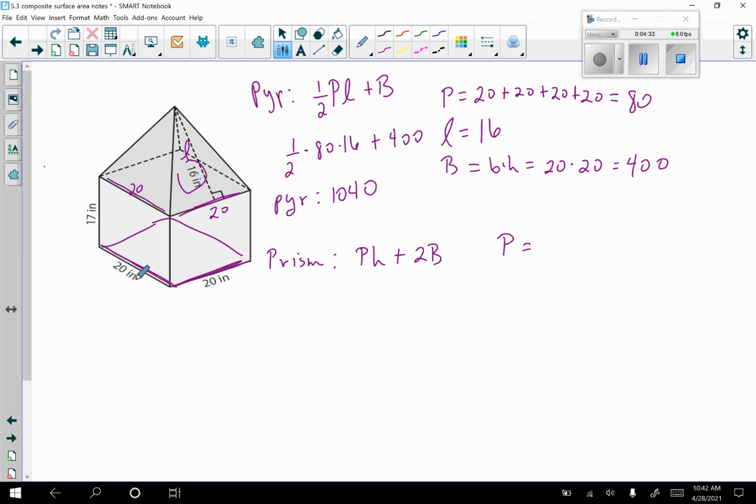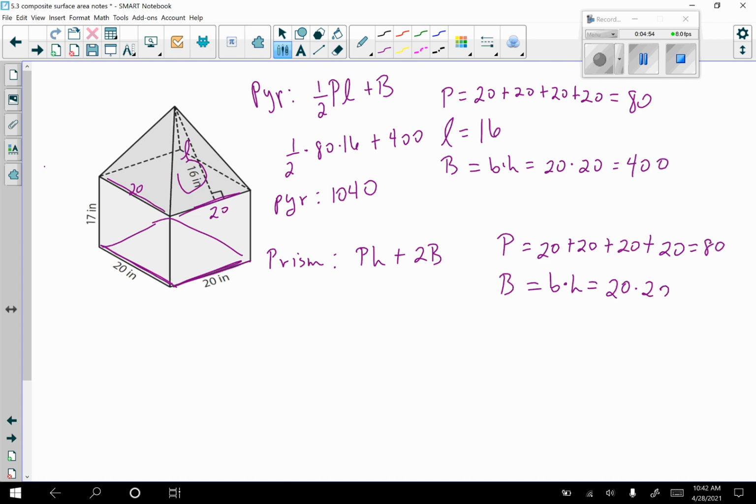The 2 sides of it are 20 and 20, but there's 4 sides, and you'll notice it's going to be the same perimeter as your pyramid because they have that same base. So it's 80. Area of the base, big B, base times height, 20 by 20 again.